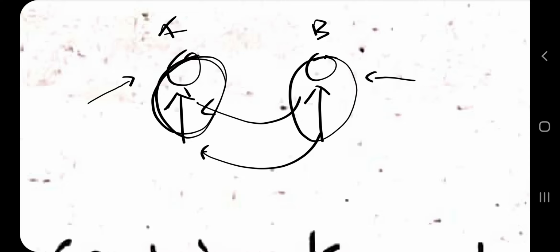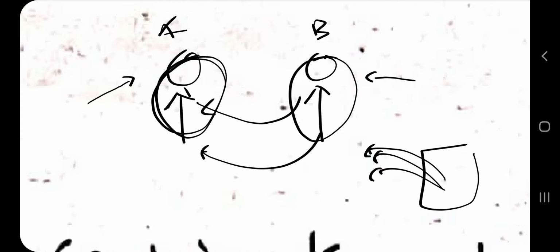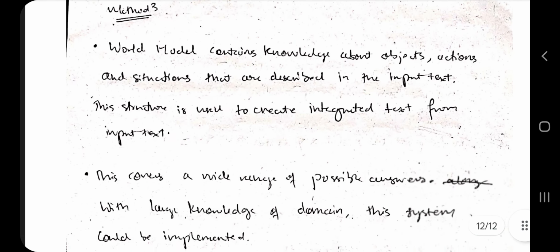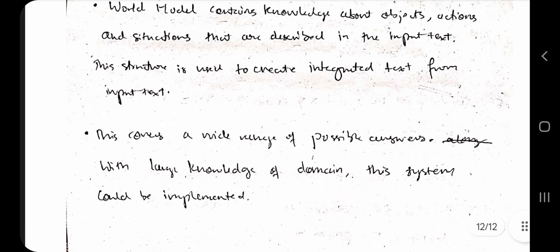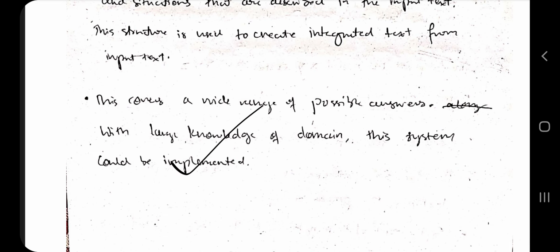So we are providing extra knowledge, world context knowledge, of who provides help to whom. Context-specific knowledge is provided so that the computer exactly knows who is saying what to whom. That's the third method. The world model contains knowledge about objects, actions and situations that are described in the input text. So it brings up more specific answers in this case.